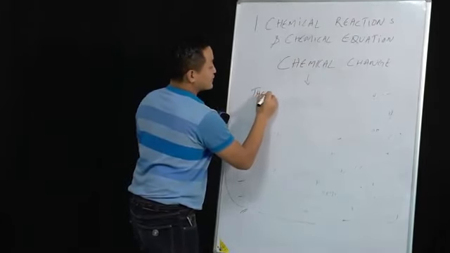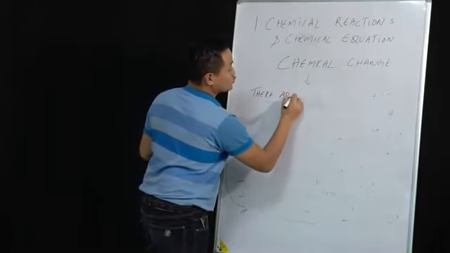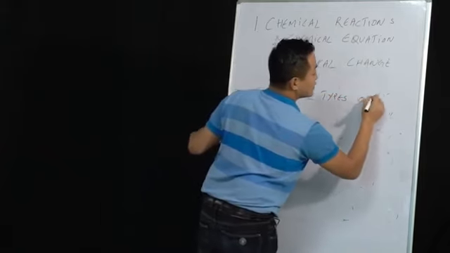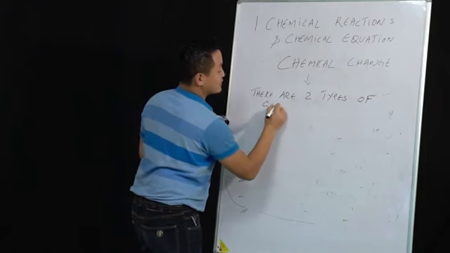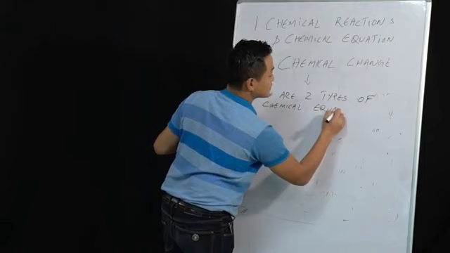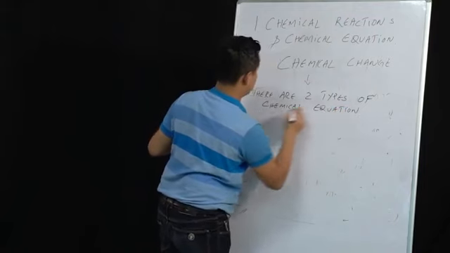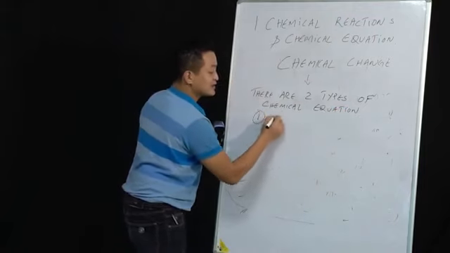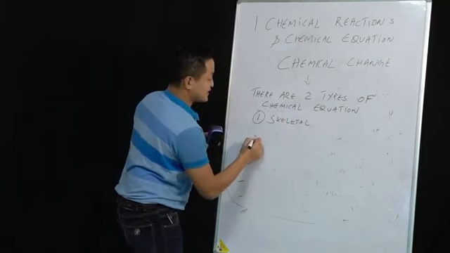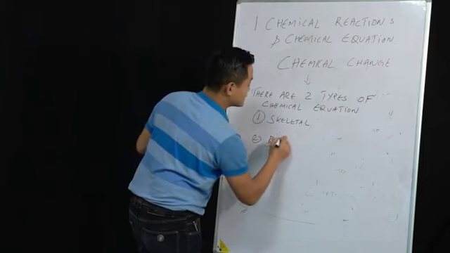There are two types of chemical equation. One, skeletal. Second, balanced chemical equation.